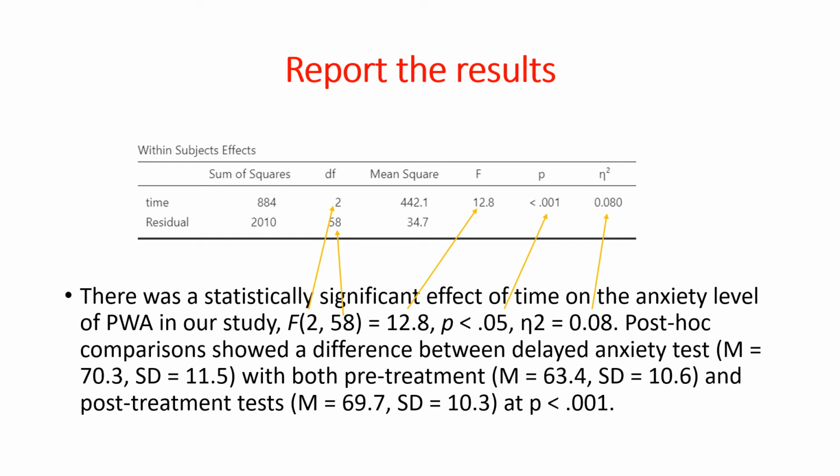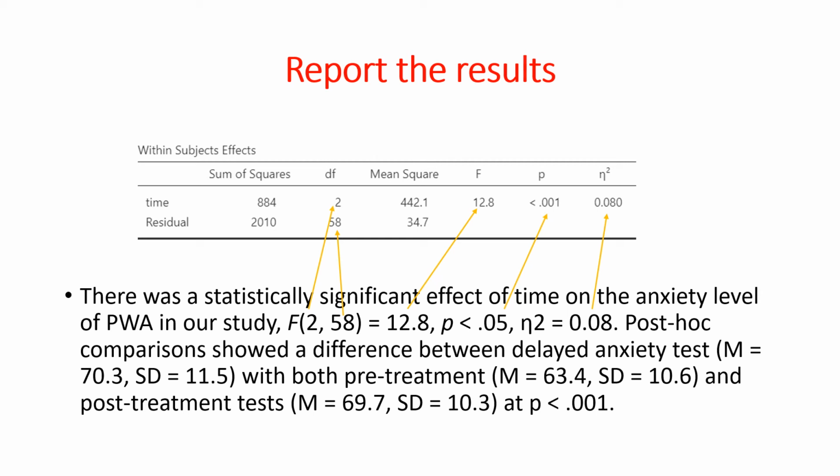That's how we report the results. We basically report the main result of the ANOVA, where we saw a significant difference, plus the eta squared, which is the effect size, and then we report where we saw the differences, which is the result of post-hoc comparisons, accompanied by a mean and standard deviation.